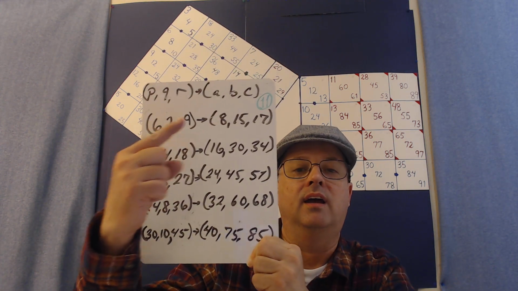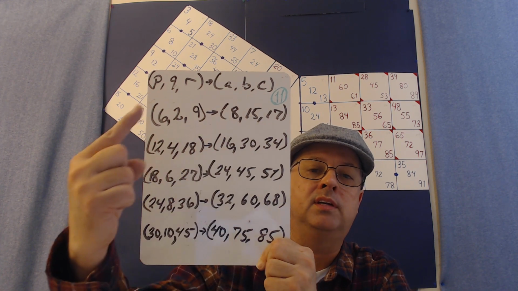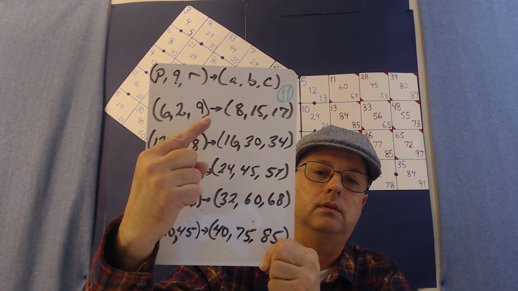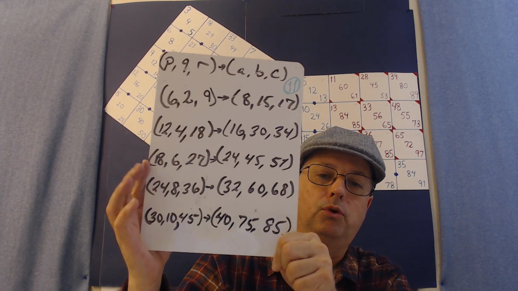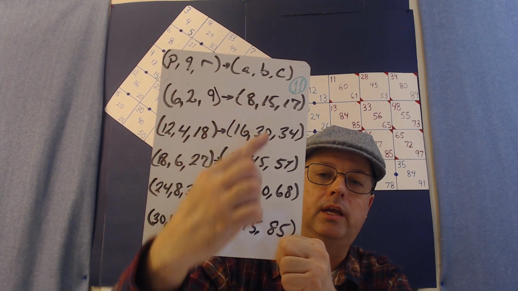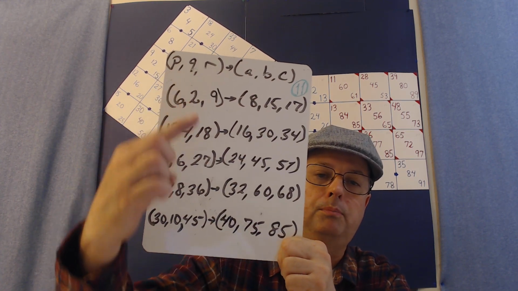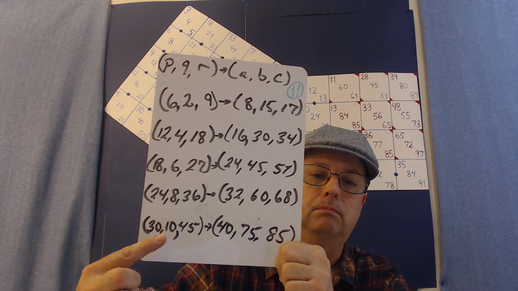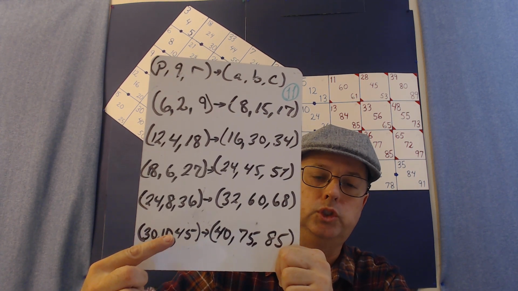And so if you want the 8, 15, 17, this is the PQR that will generate it. And then if you want the other multiples of 8, 15, 17, here are the P, Q, and R that will generate them. Okay? All right.